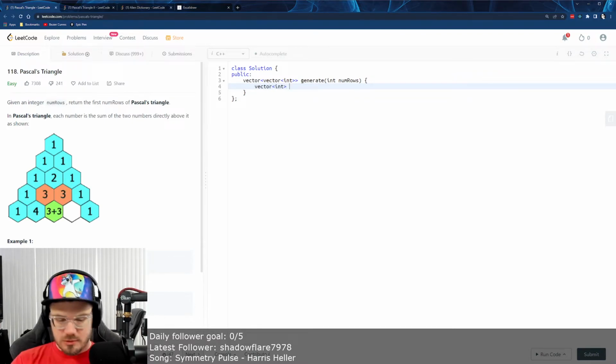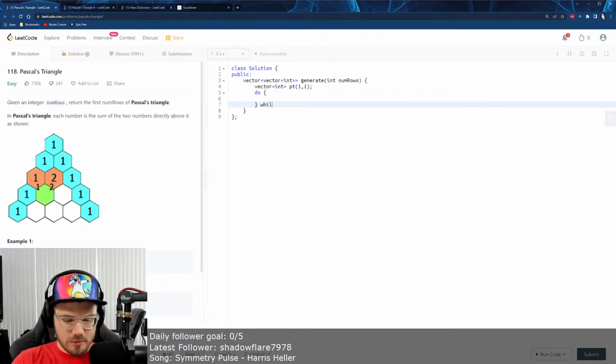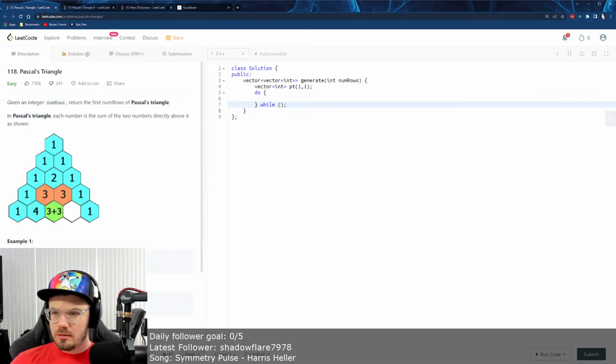Vector of int, I don't know, PT for Pascal's triangle. We'll start it off with size 1, with 1 as the only element. And let's do a do while loop. Don't get to write do while loops very often, but we'll see if we can make it work for this problem. Yeah.